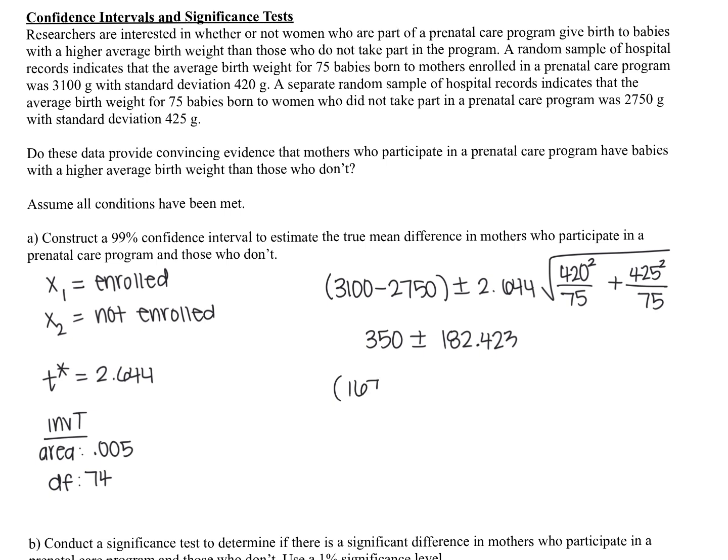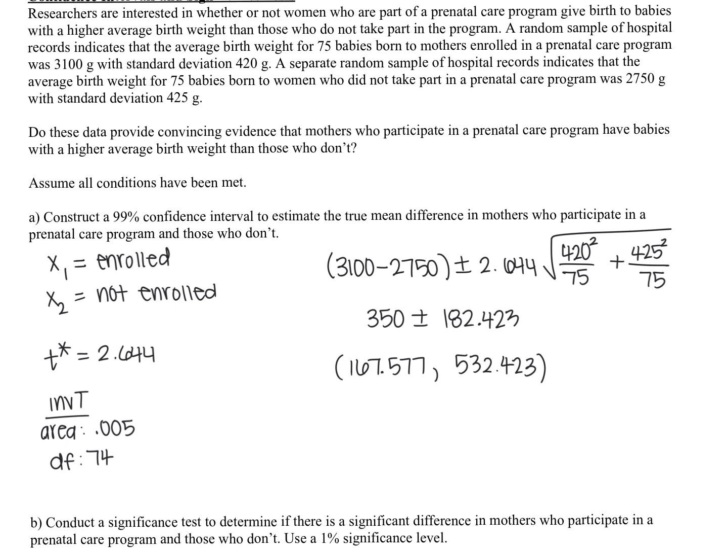So we get 167.577 to 532.423. I'm not going to interpret the confidence interval here because we're going to do the interpretation at the end after we've done our hypothesis test.